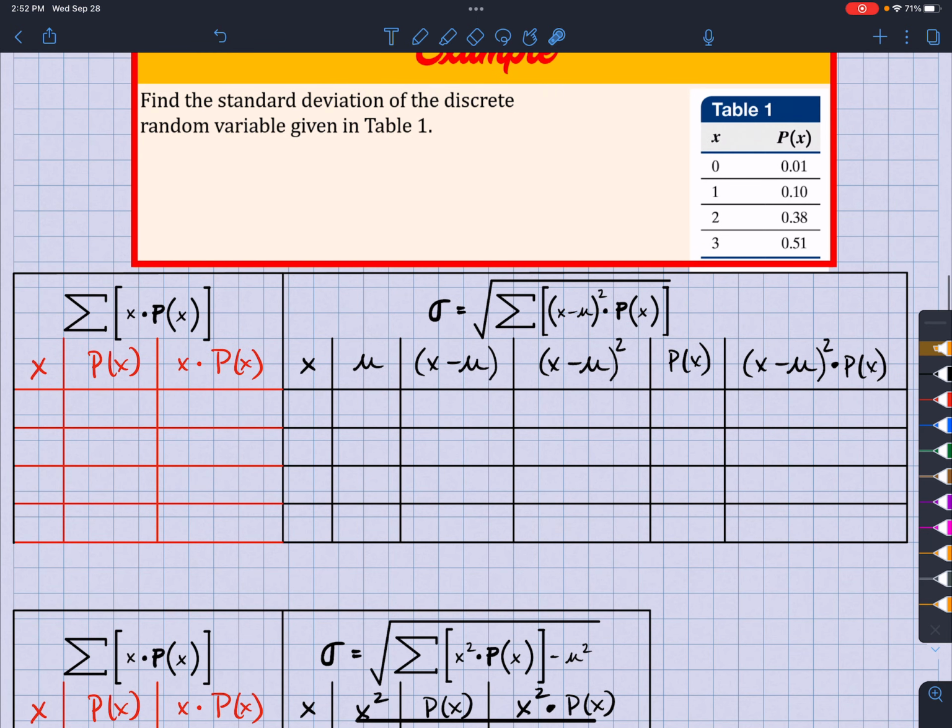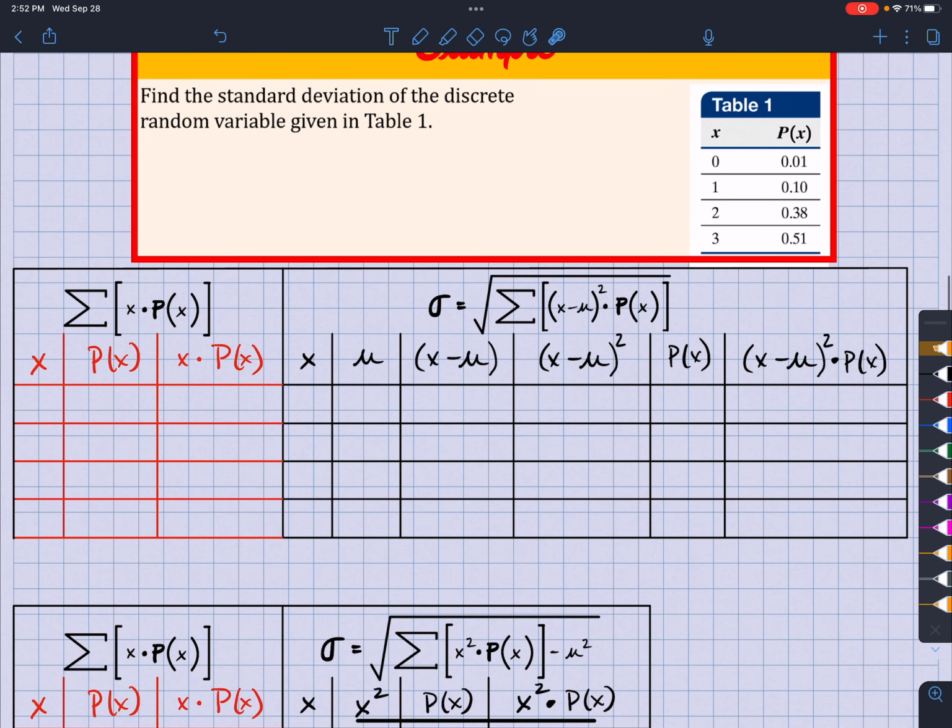Now let's start putting some of these things into the table. My x values are 0, 1, 2, 3, and the probabilities are 0.01, 0.10, 0.38, and 0.51.